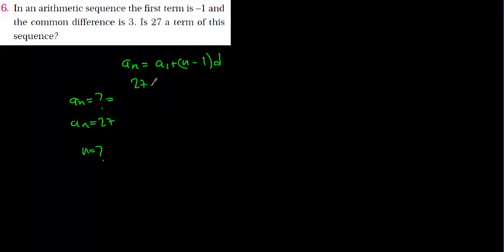So 27 is equal to a1 plus n minus 1 times the common difference. Sorry, I made a mistake.